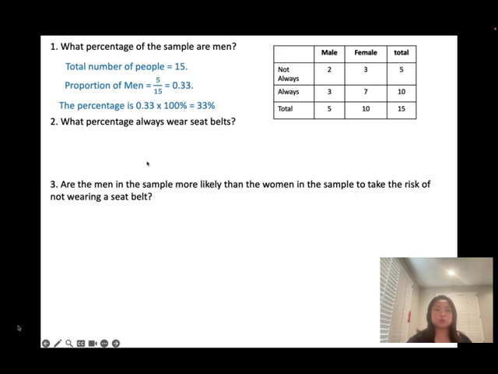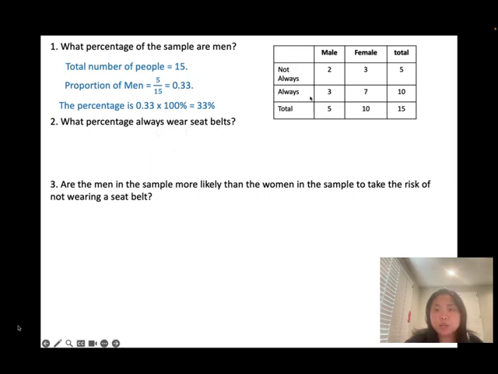Try number 2. What percentage always wear the seatbelt?